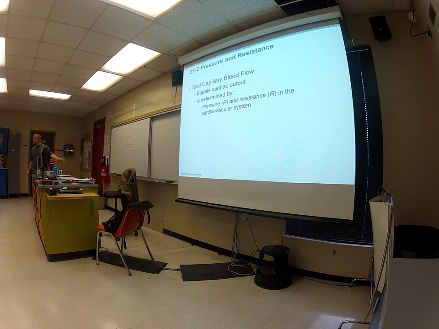Which one of these three, regardless of their diameter right now, is going to have more resistance? The one that was 1,000 feet long is going to have the most resistance.